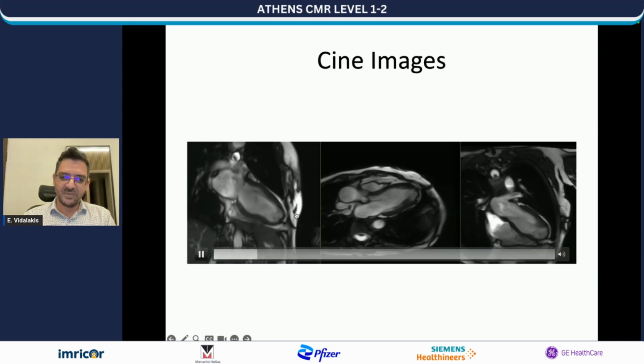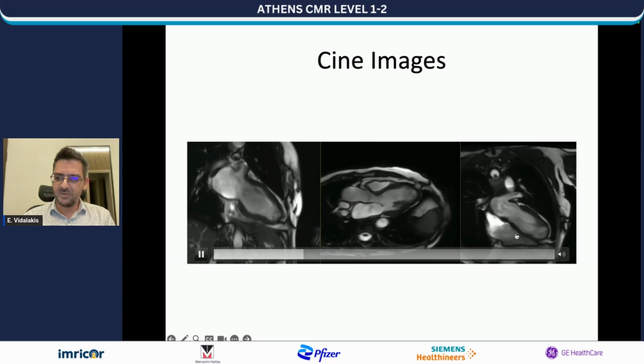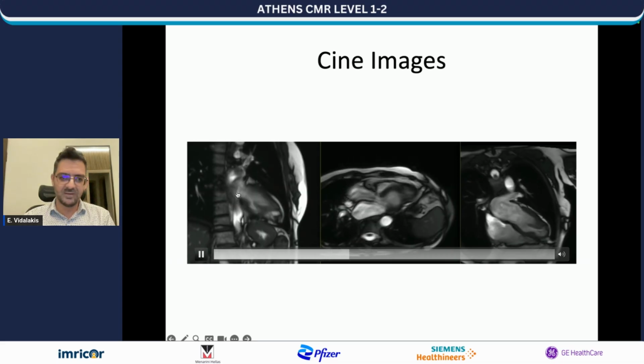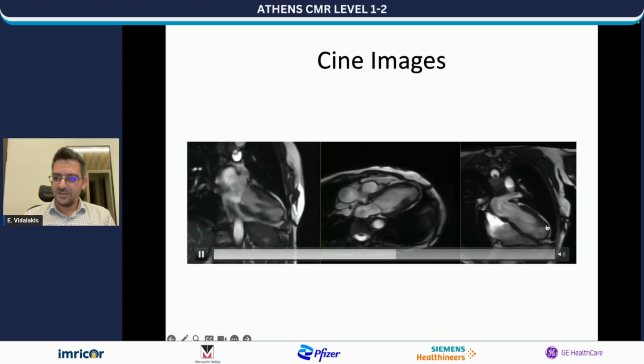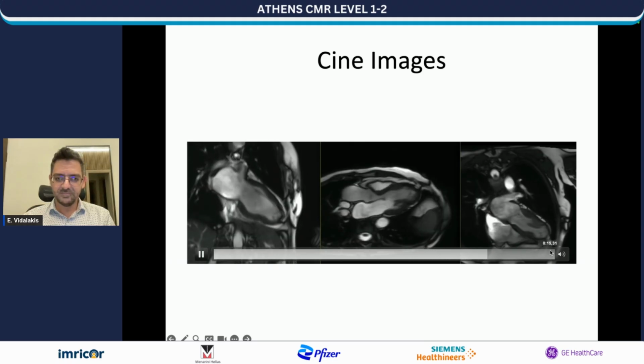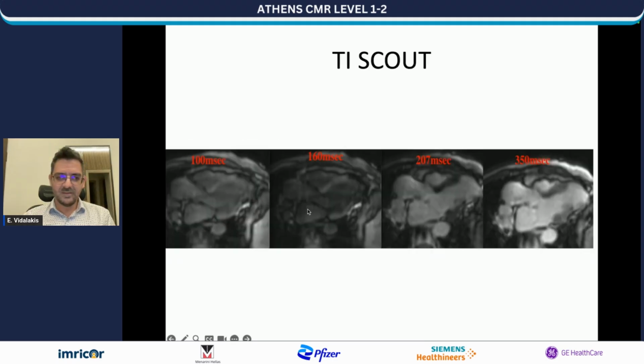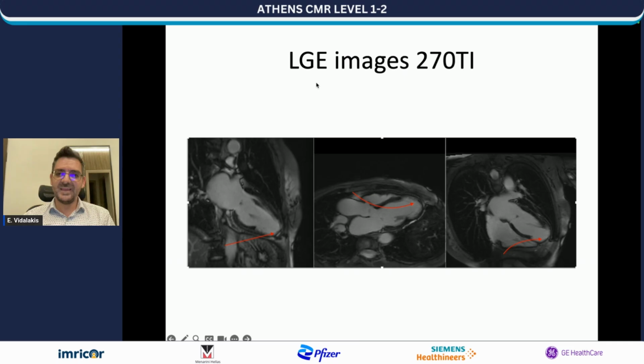These are the cine images of the 2-chamber view, 3-chamber view, and 4-chamber view. As you can see, there is an apical aneurysm and dyskinesia. And here is the TI scout. This is the LGE image with the TI that makes the myocardium black.